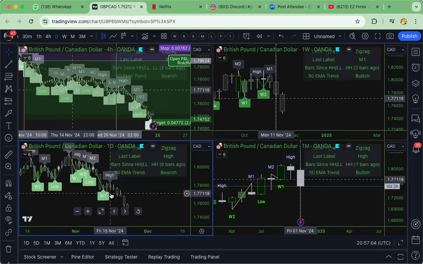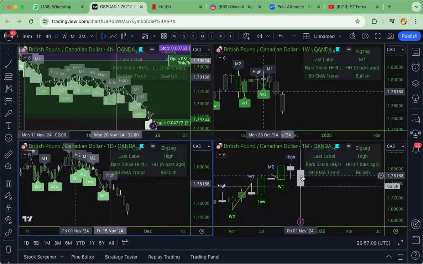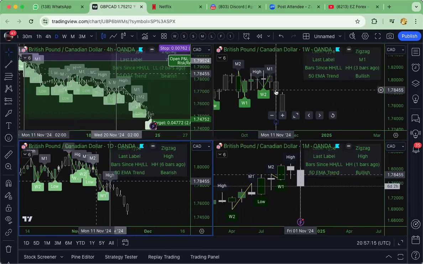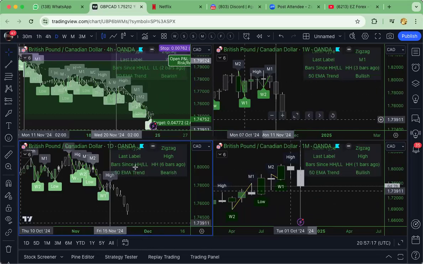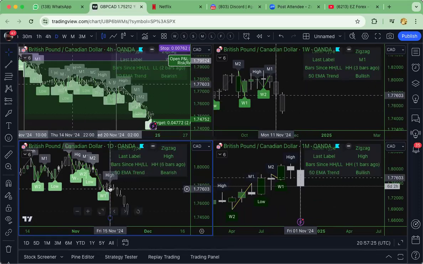So we're going to put a vertical line there. So you can see straight away, we've got Friday, the 1st of November, that's gear 1. Monday, the 11th of November, that's gear 2. Friday, the 15th of November, that is now gear 3 in the market right there, you see?